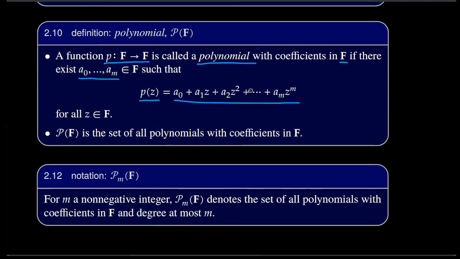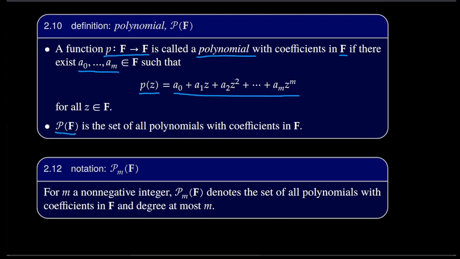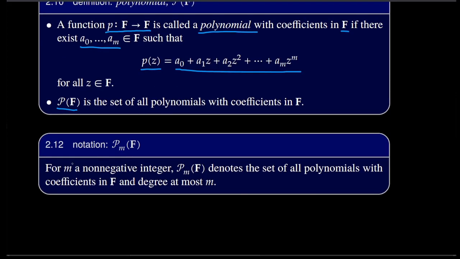All right, cool. So if we take script P(F) to be the set of all polynomials with coefficients in F, here meaning all polynomial functions specifically, then for m a non-negative integer, we could also define P_m(F) to be the set of all polynomials with coefficients in F and degree at most m.